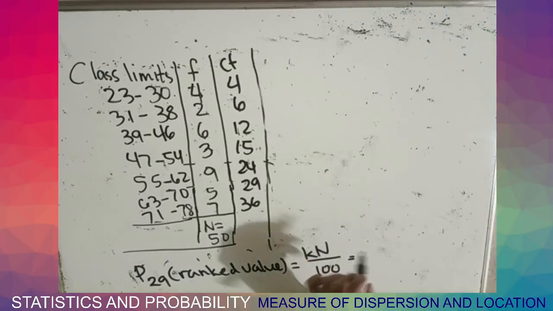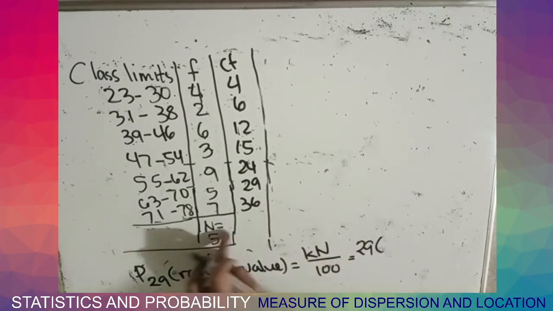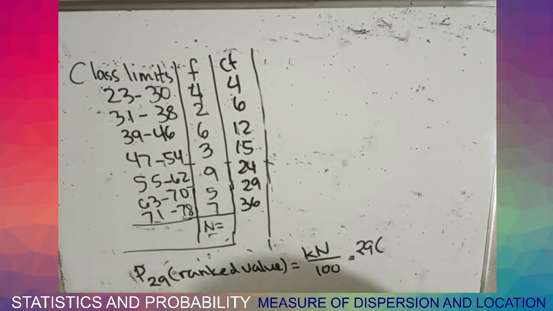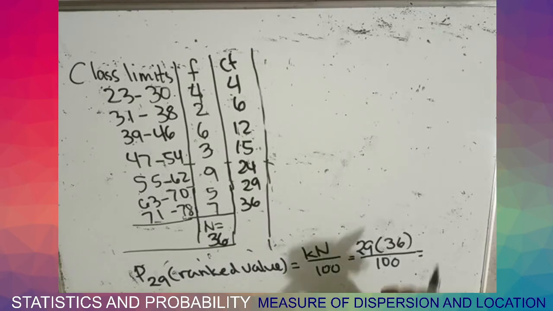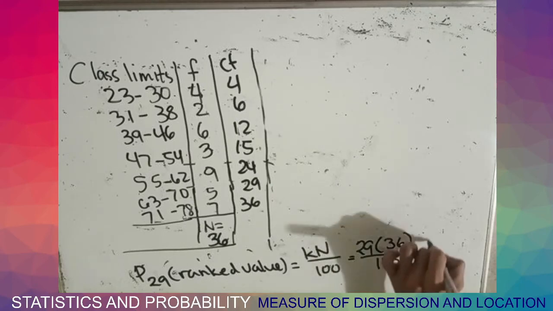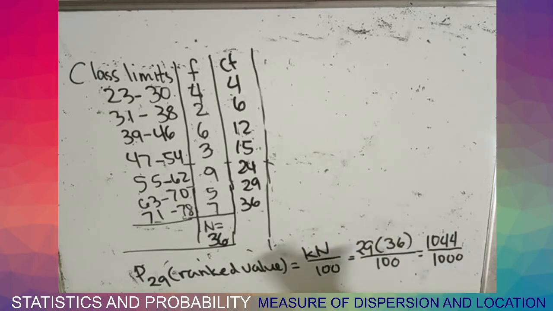Ang K natin ay 29 times N. Nagkamali ako, 36 pala ito, so N natin is 36 divided by 100. 29 times 36 ang sagot ay 1,044 divided by 100.